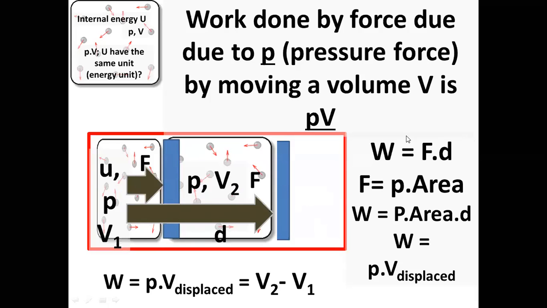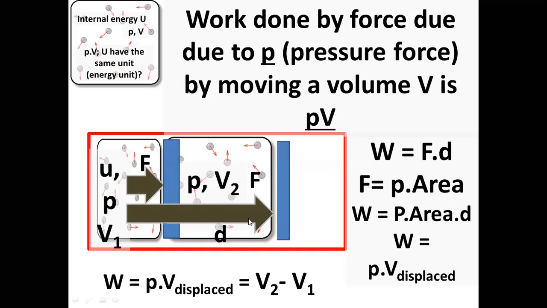So the work is force times D, Fd. Force is pressure times area. So work is pressure times area times D. So area times D means displacement. So this mass is displaced by D. Piston also moves, mass also displaces.